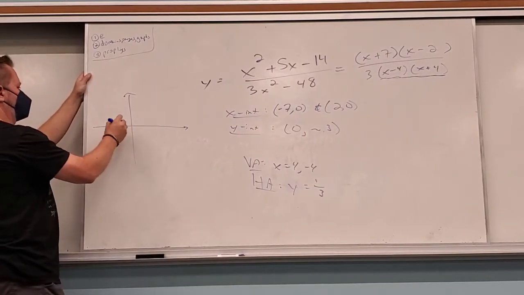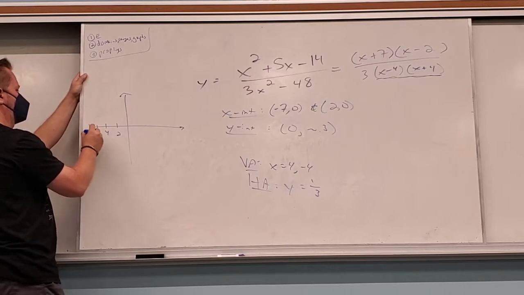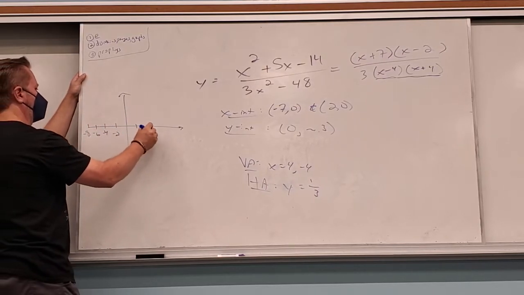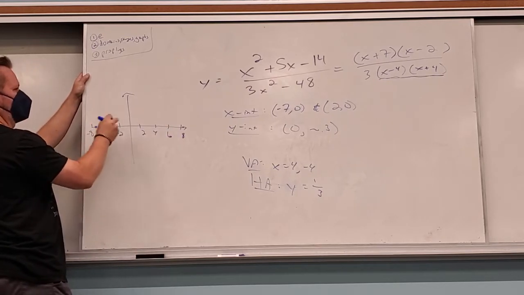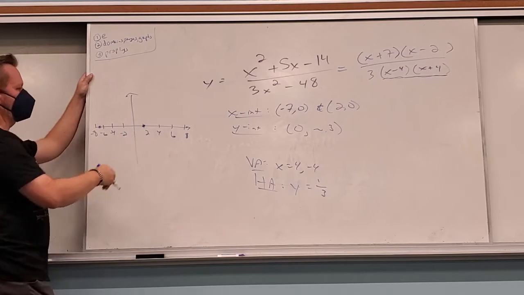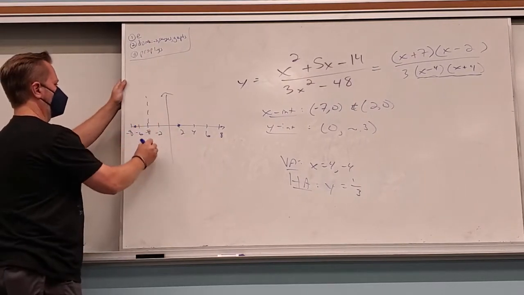So let's see. This we should do by 2's maybe, because you've got to get out to 7. So negative 7, 0, and 2, 0 are my x-intercepts. My vertical asymptotes are at 4 and negative 4.